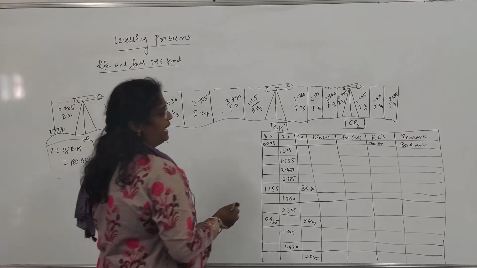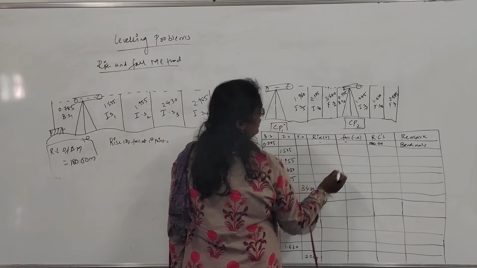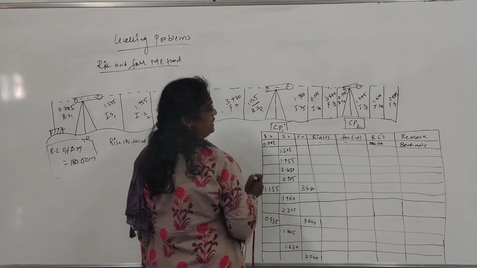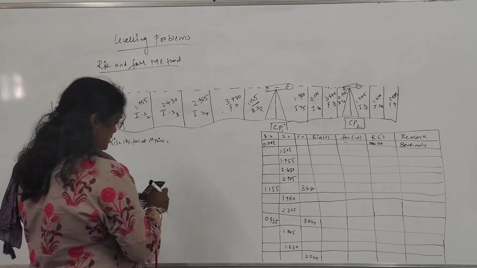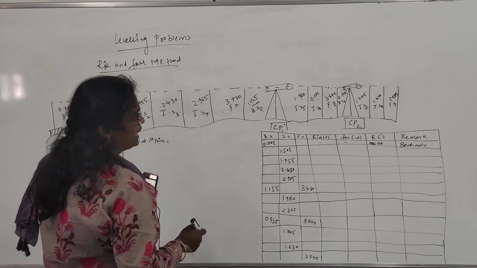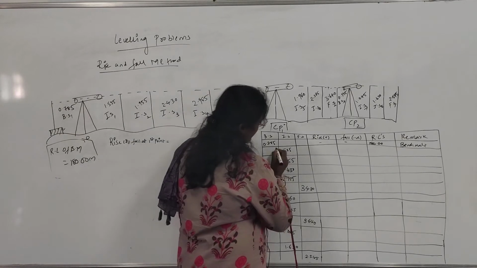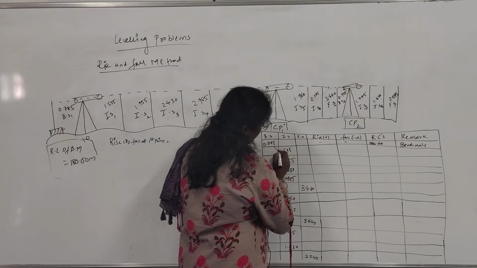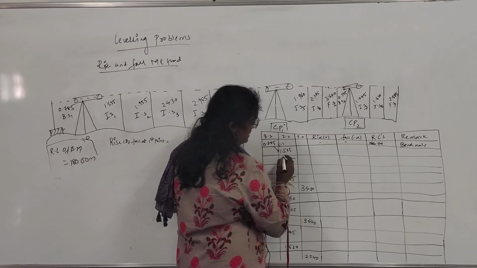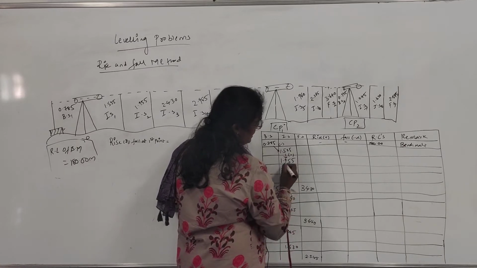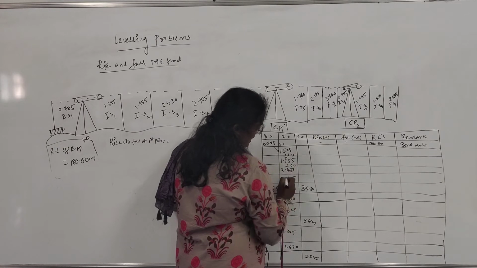Please remember, at this position you will not have any rise or fall. This will be in the 0 position, that will be our initial point, right? So how to find out the rise or fall? See here you have backsight, intermediate sight, this minus this, again this minus this, like this.